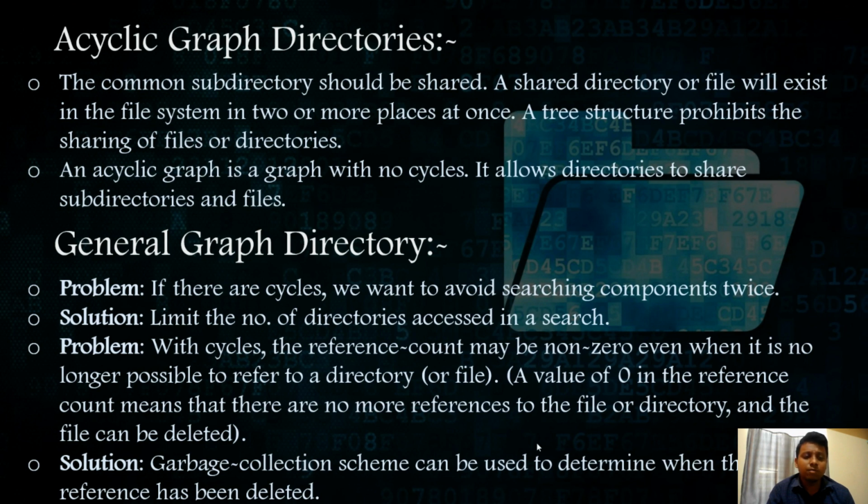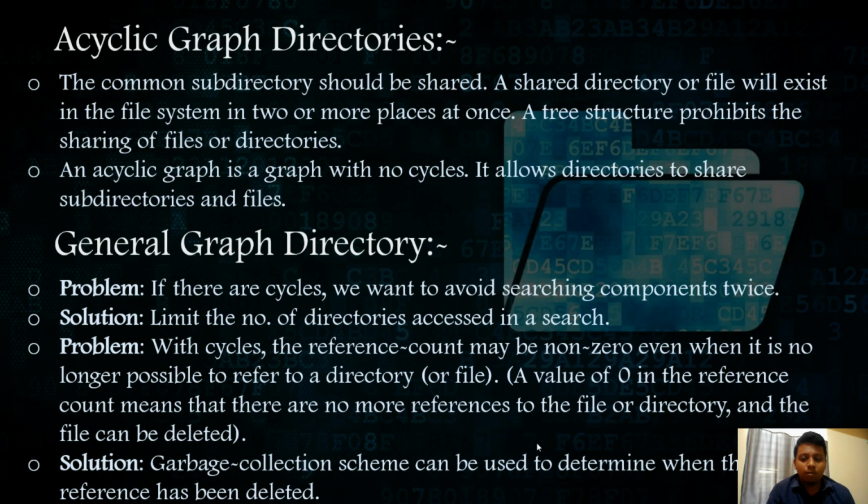Next, let us move on to the fifth one, general graph directory. First, we have a problem: if there are cycles, we want to avoid searching components twice. There is no limitation for directory accessing in search. The problem with cycles is that the reference count may not be zero even when it is no longer possible to refer to a directory or a file.